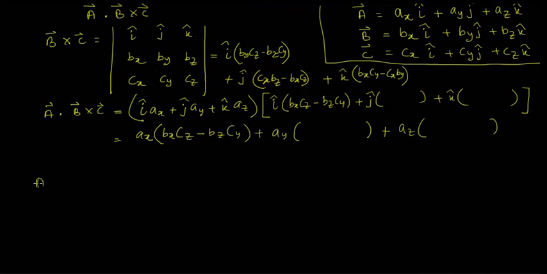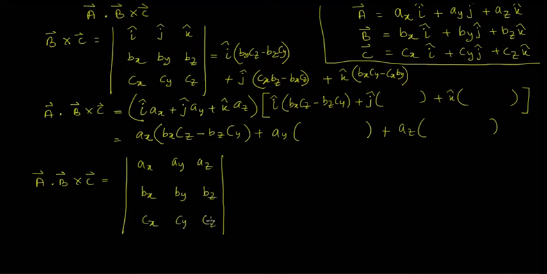So a dot b cross c is basically just ax, ay, az, then bx, by, bz, then cx, cy, cz. Now from the property of determinants, you can easily cyclically rotate this.